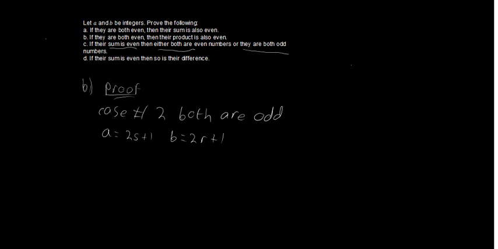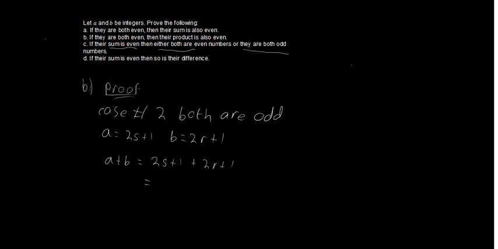So we're going to have these two, and then we're going to add them together. So A plus B is equal to 2S plus 1, plus 2R plus 1, which gives me 4S. No, those two can't be added together.